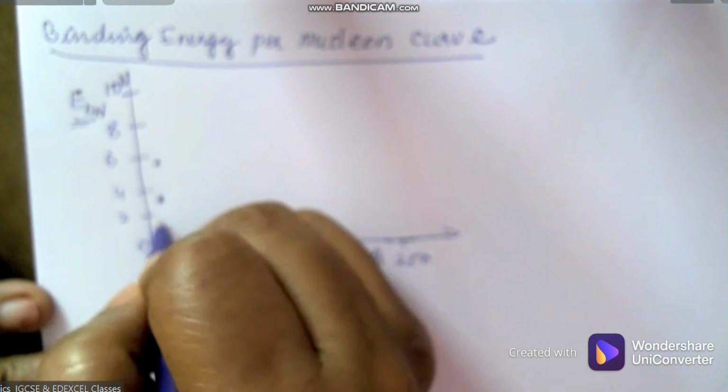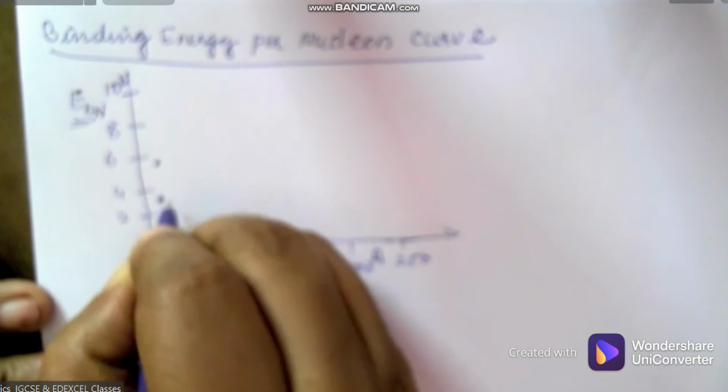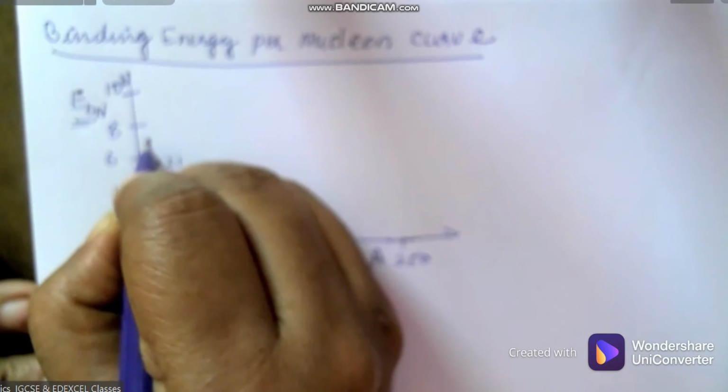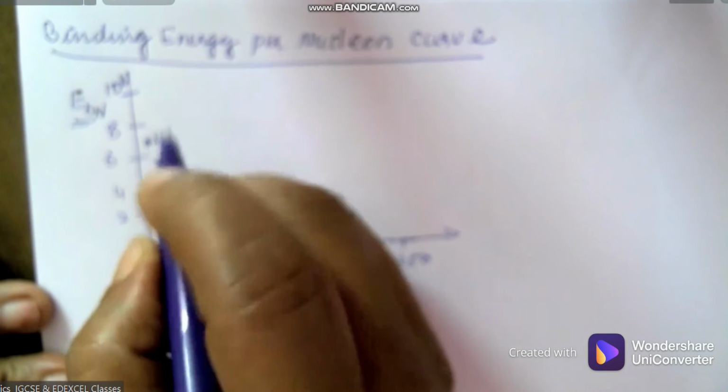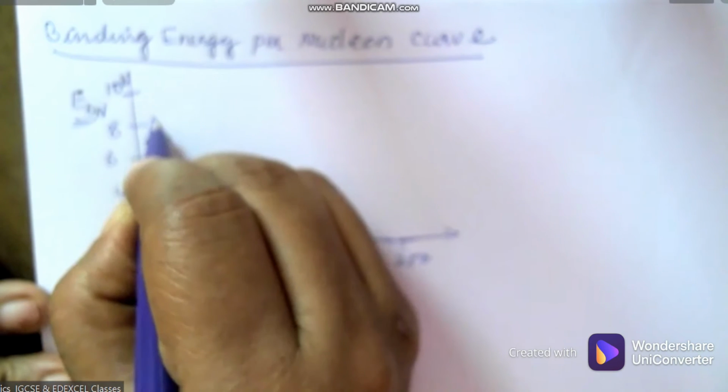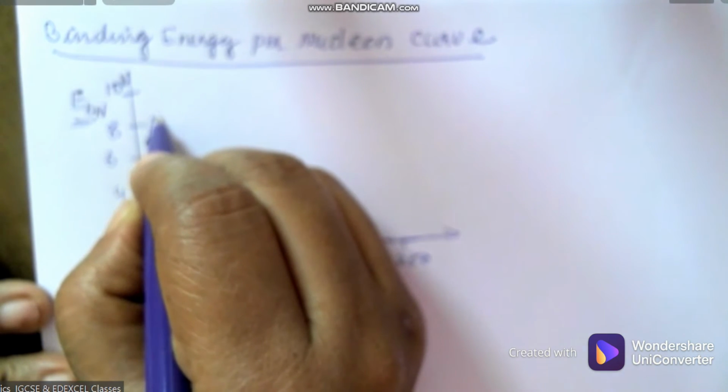But you have helium in between, and helium is much above this one. Here is helium, atomic number 3. Then you have so many others, and the graph goes like this.